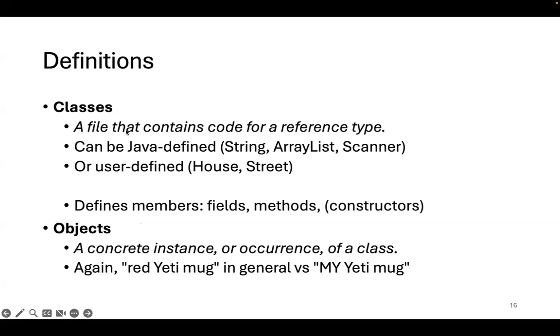This can be either we define it, so like we did our smart house example, or Java wrote this class. So like String, ArrayList, or Scanner. Those are classes. They've got files that contain code for this reference type, so for the String reference type. And a class has members. It has fields, methods, and constructors.